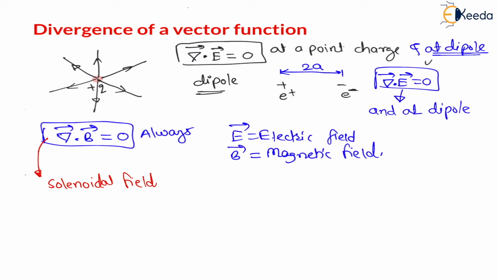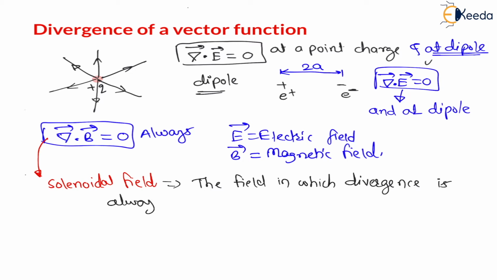Therefore, as an example, the magnetic field is a solenoidal field, because for the magnetic field the divergence is always 0.